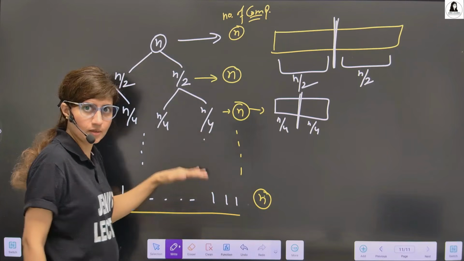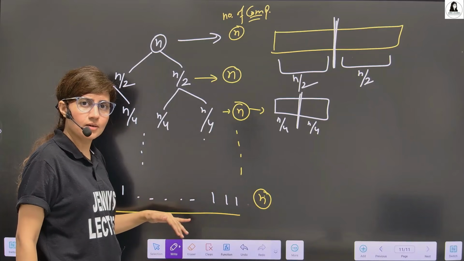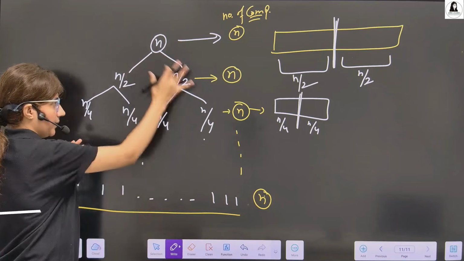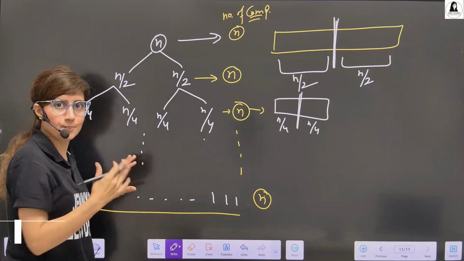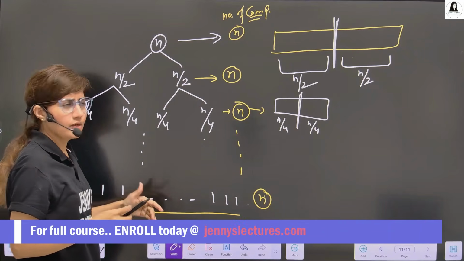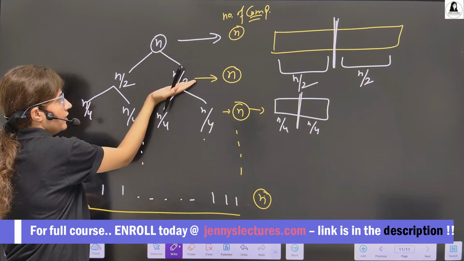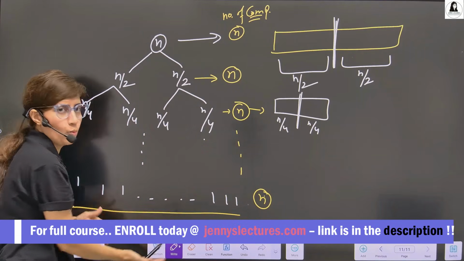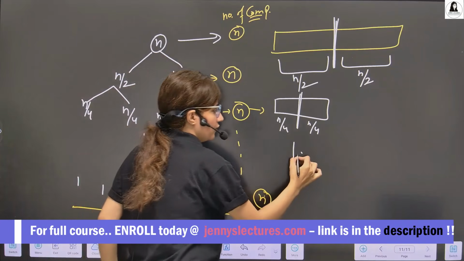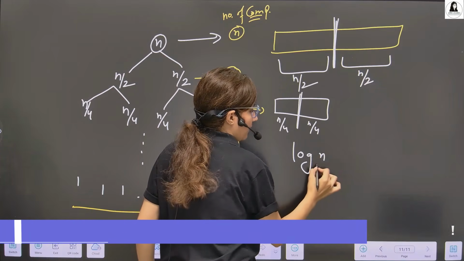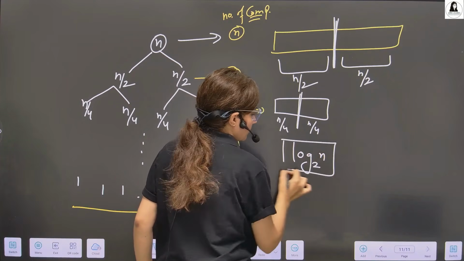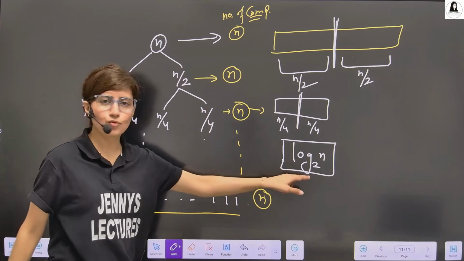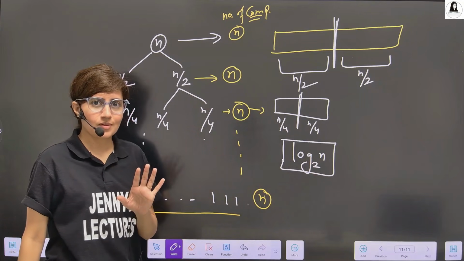It's like a tree, like a binary tree or a complete tree. How many levels are there? At every level we divide by 2, divided by 2, till we reach 1. So the height of the recursion tree is log n base 2.